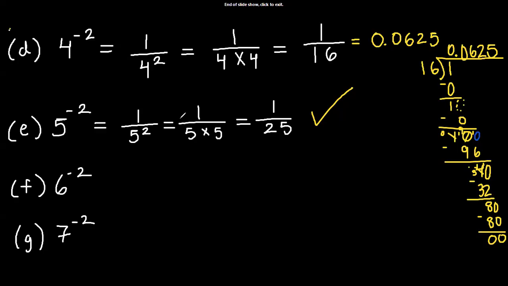Explain it to me. So 5 to the power of -2 is 1/5 squared, and 5 squared is 5 times 5, which is 25. So it's 1/25. Very good.